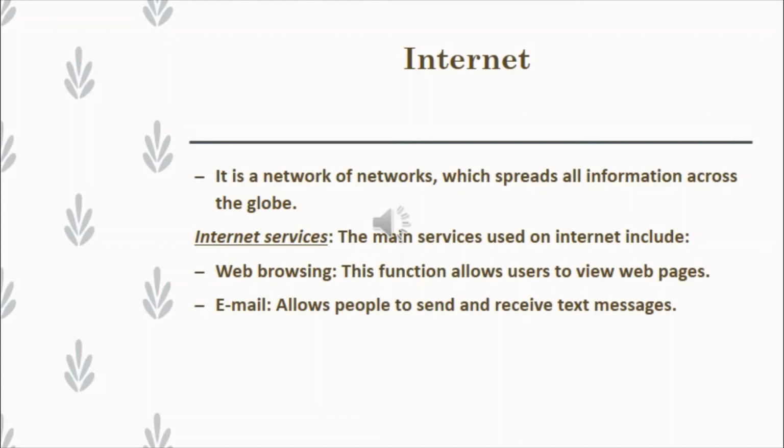In today's era, there is hardly any country where the internet is not available. Actually, the internet is a large computer network which extends all across the globe to communicate with each other for the purpose of communicating information from one place to another.